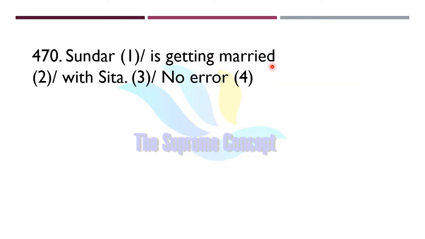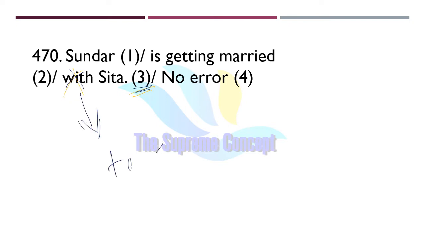Sundar is getting married with Sita. Just mark your answer. Alright, so as you can see, getting married with Sita, with Sita is actually wrong. So the error lies in part 3. Instead of with Sita we will use what?